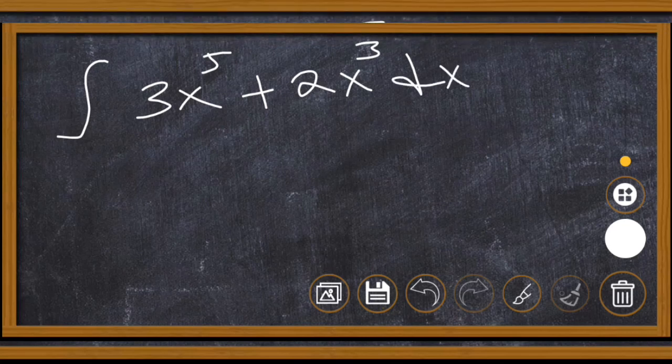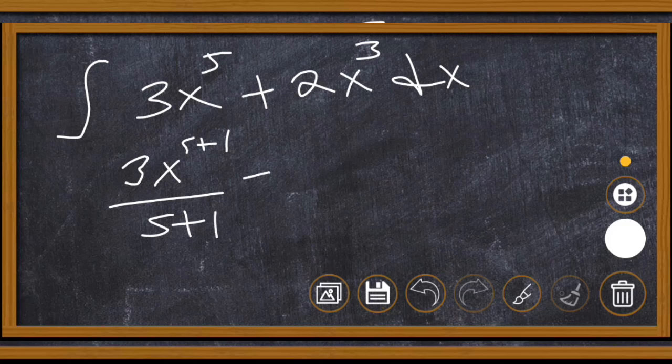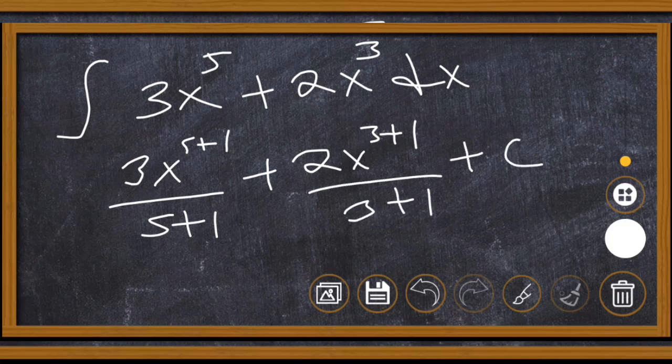As the general concept goes, or rather the rules, you simply add 1 to the power and then divide by the same power. So in this case, we're going to have 3x power 5 plus 1 over 5 plus 1. And then plus, you go to the next expression we have, so 3 plus 1 over 3 plus 1, then plus the constant value c.